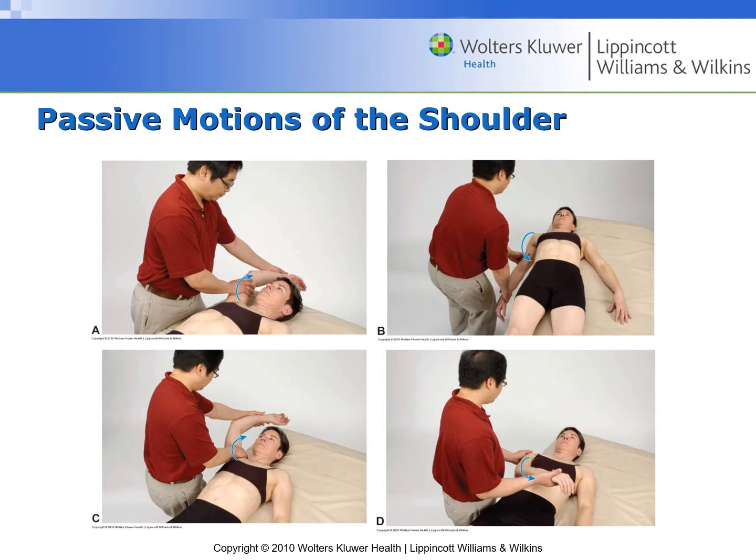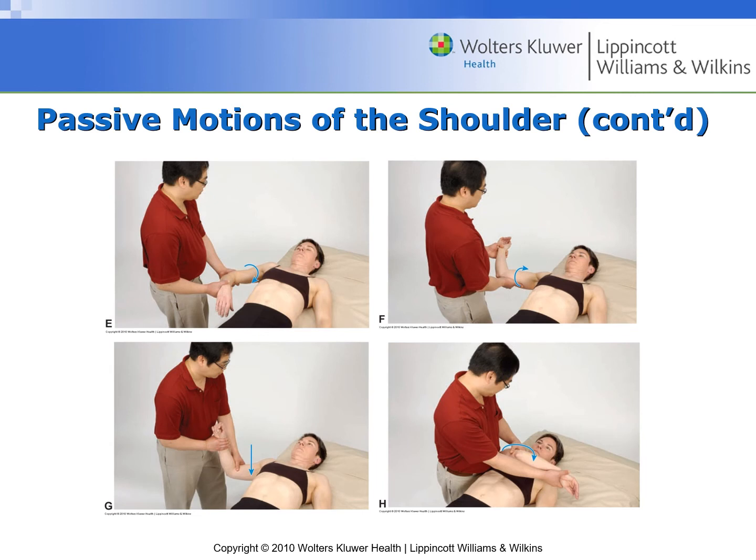So in the illustrations that we have before us, the therapist is performing passive motions of the shoulder. Diagram A illustrates passive flexion. Diagram B illustrates passive extension. Diagram C, passive abduction. And diagram D, passive adduction.